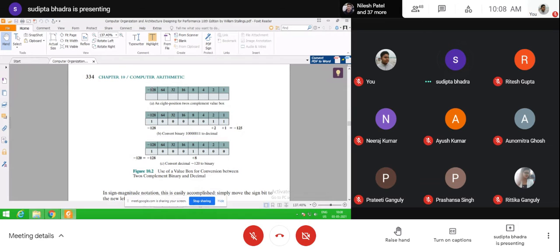Now here the seventh bit is minus 128, which means what? Say for example, a particular number is 1, then 5 times 0, then 1 1.